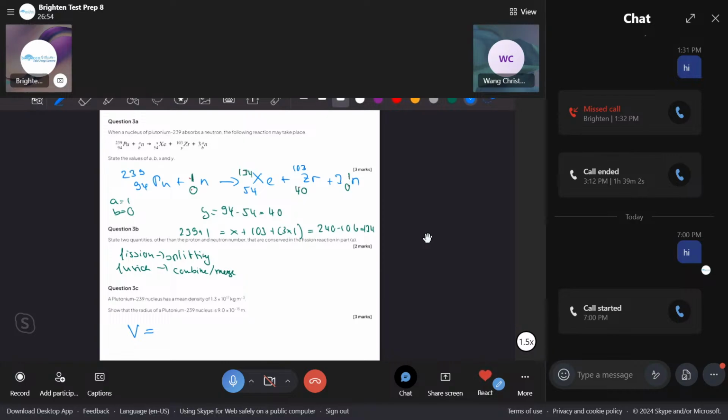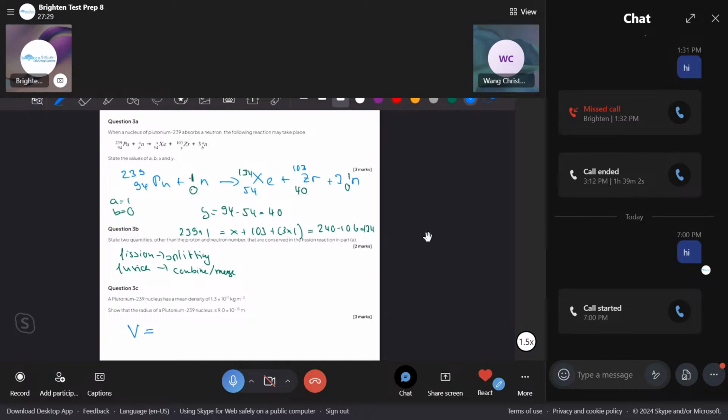I mean, you need volume, that's for sure. It's just that you need a bit more. Volume is a good start, because you want to know about the radius, right? So clearly you need the radius, or the other way around. You need volume. So what is volume, in terms of a formula, not the values?